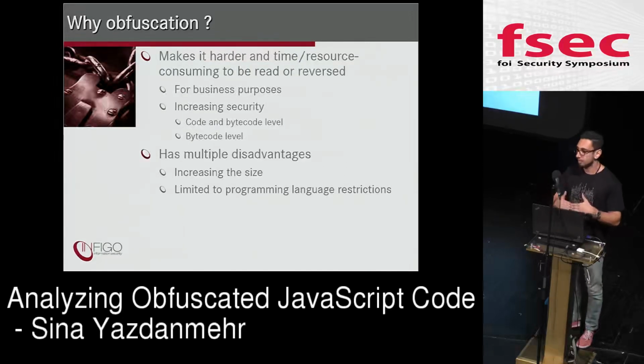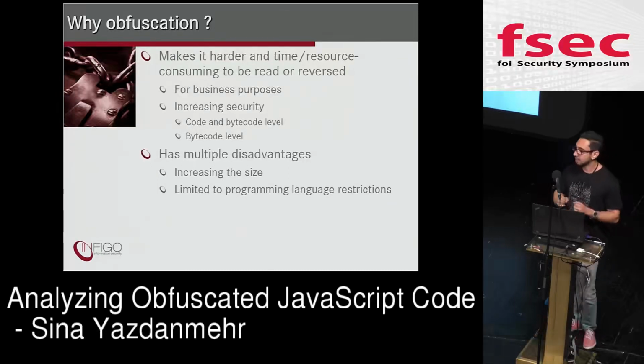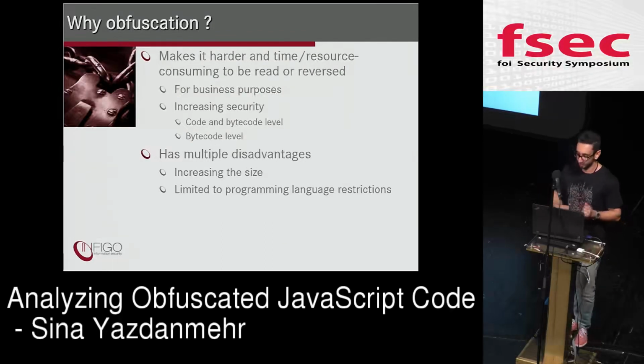For example, in Java, you're limited to the principles of Java and cannot cross those borders. You cannot obfuscate, for example, some keywords, like var, for, while, something like that. Keywords are supposed to be clear in any programming language.